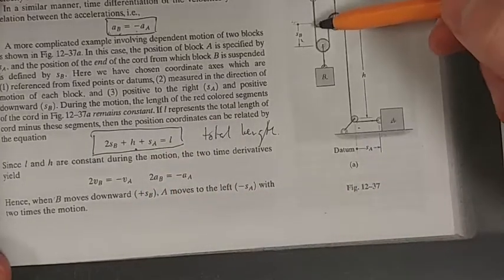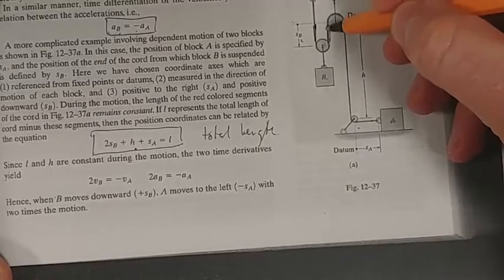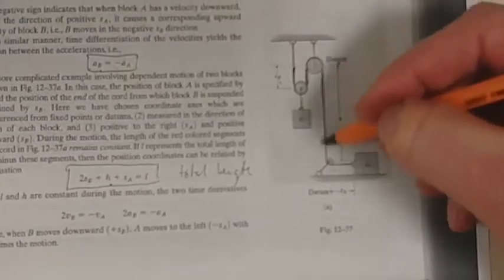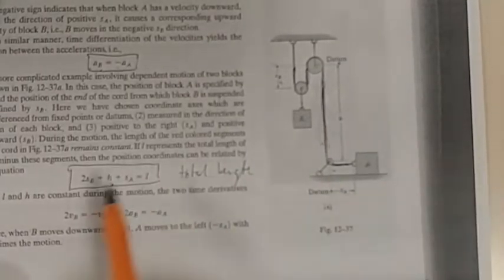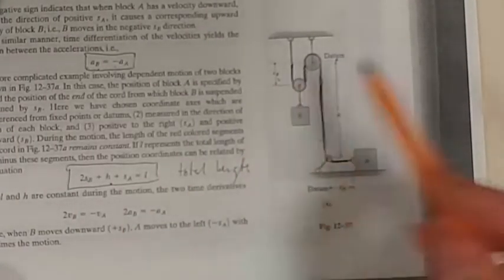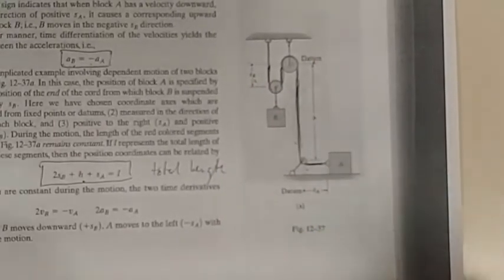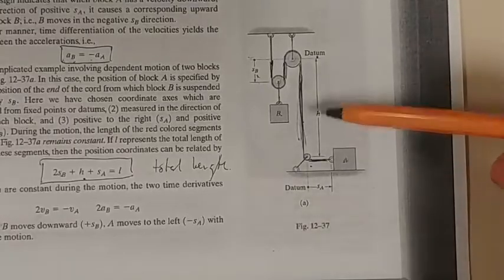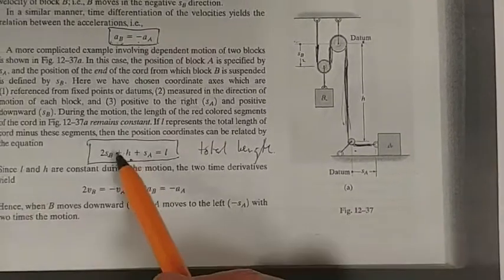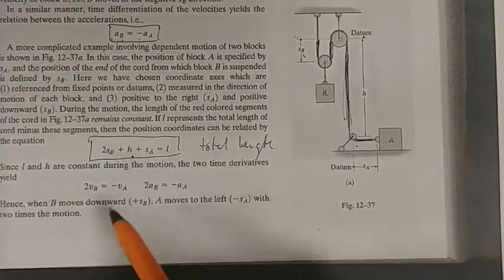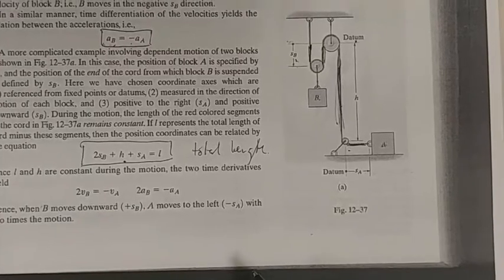It will be that length there, plus that length, plus that length, plus that length. So 2 times SB plus H plus SA. Okay. Then if we take the derivative of this, we are going to get 2VB equals minus VA.